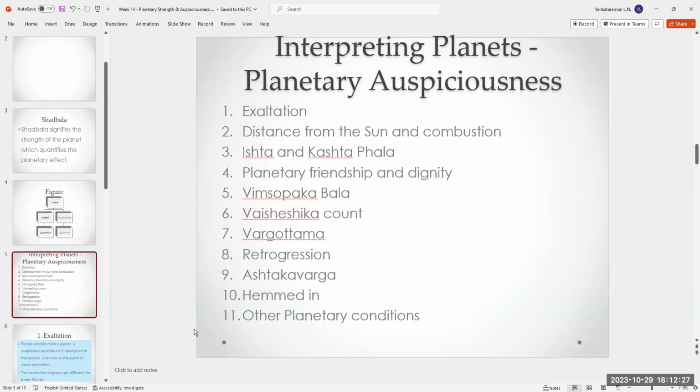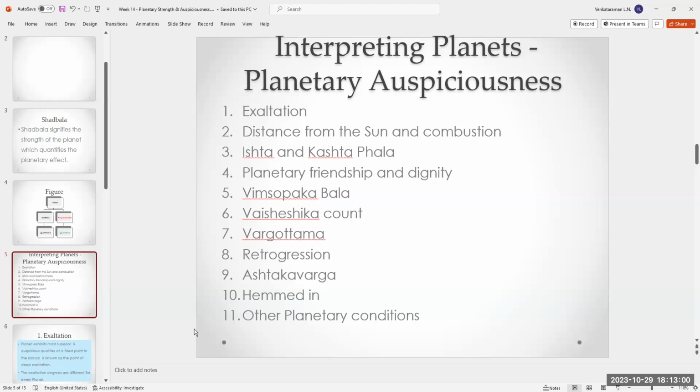Three, Ishta and Kashta Phala. Four, planetary friendship and dignity. Five, Vimsopaka Bala. Six, Vaisheshika count. Seven, Vargottama. Eight, retrogression. Nine, Ashtaka Varga. Ten, hemmed in. Eleven, other planetary conditions.